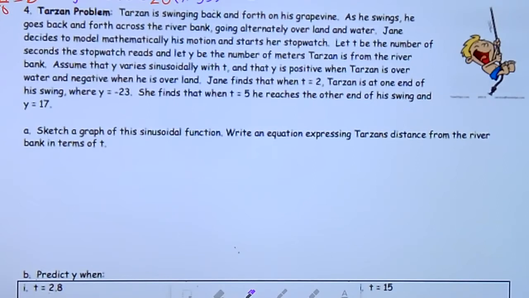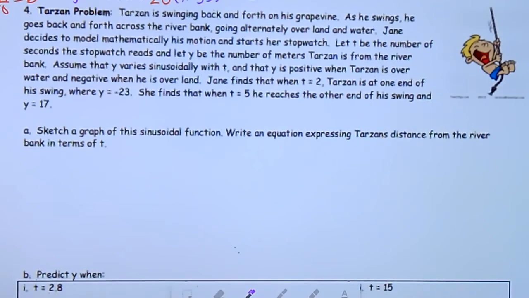Let T be the number of seconds that the stopwatch reads, and let Y be the number of meters Tarzan is from the riverbank. Assume that Y varies sinusoidally with T, and that Y is positive when Tarzan is over water and negative when Tarzan is over land. Okay, so it's positive when he's over water, negative when he's over land.